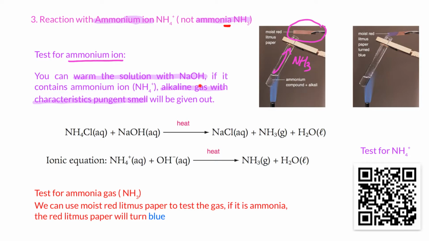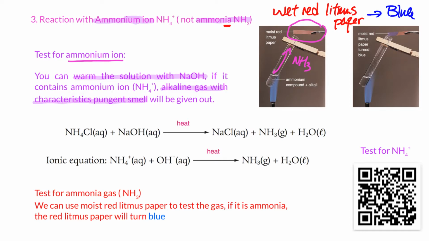So for this alkaline gas, we have to provide a moist paper. Moist means it has water in it. Sometimes people may say a wet red litmus paper, that will be all right, as long as it is wet. When the alkaline gas touches the water there, it will dissolve and form an alkaline. This alkaline will then react with the red paper and turn it blue.